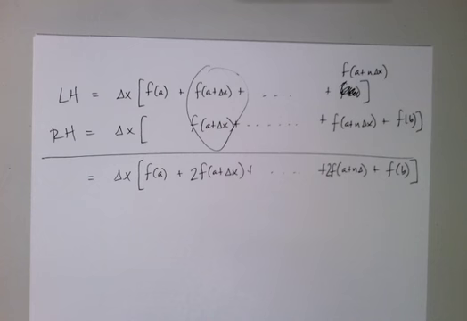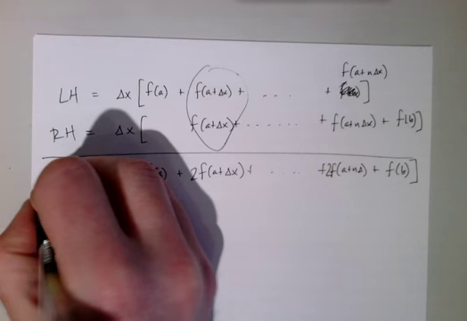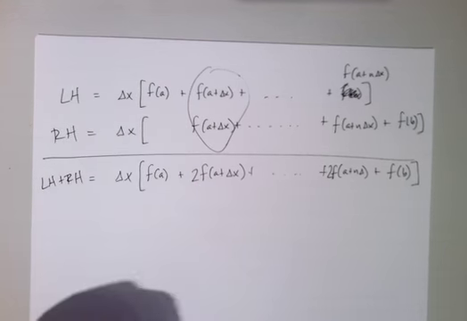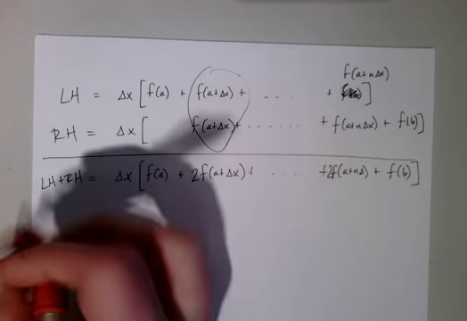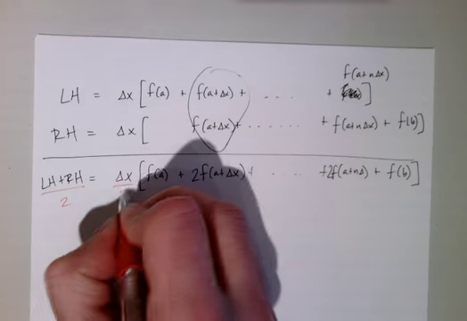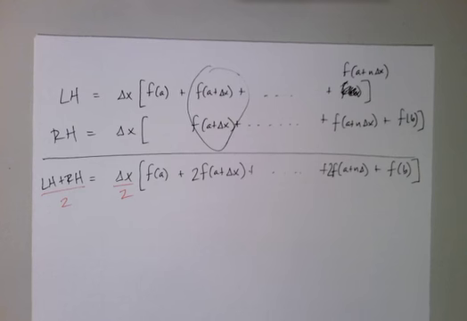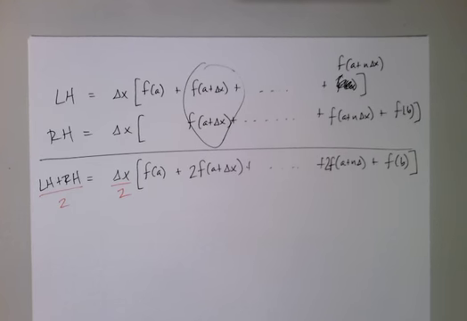That's the left hand plus the right hand, and in order to average it, you would just divide by 2. And you have the formula again for the trapezoidal rule. So you can either think about it in terms of the area formula for trapezoids, or in terms of just averaging the left hand and the right hand Riemann sum.